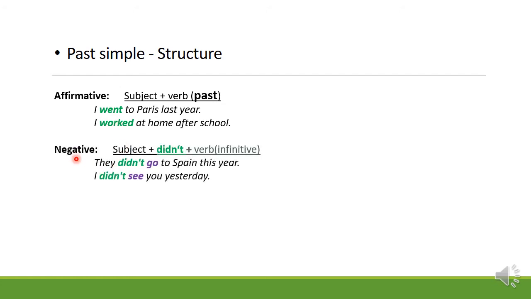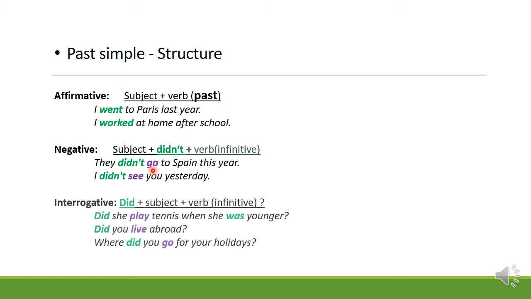To write negative sentences, we will start with the subject, the negative auxiliary didn't, and the verb in infinitive. For example, they didn't go to Spain this year. When we use the negative auxiliary didn't, we have to use the verb in the infinitive form.